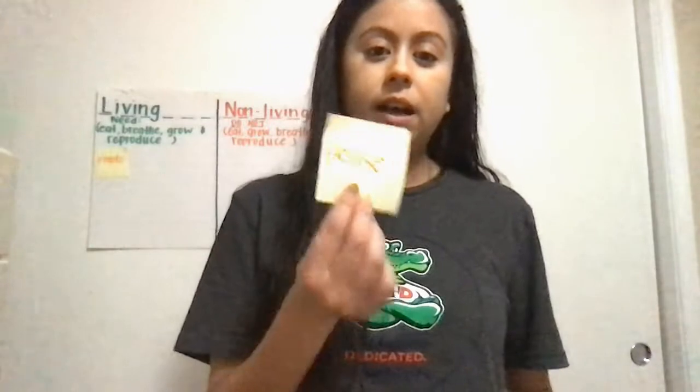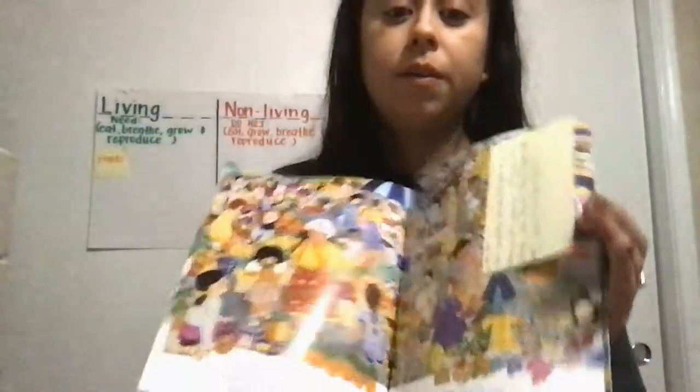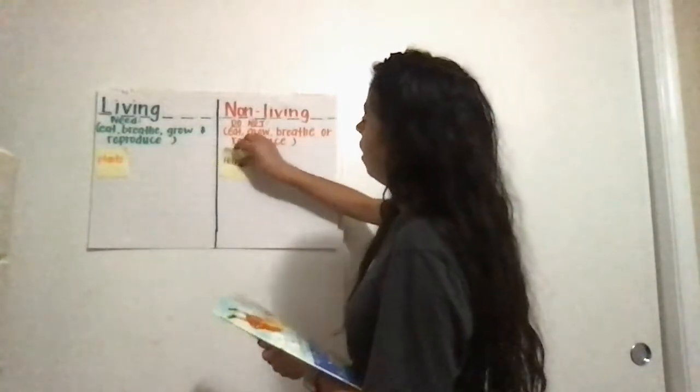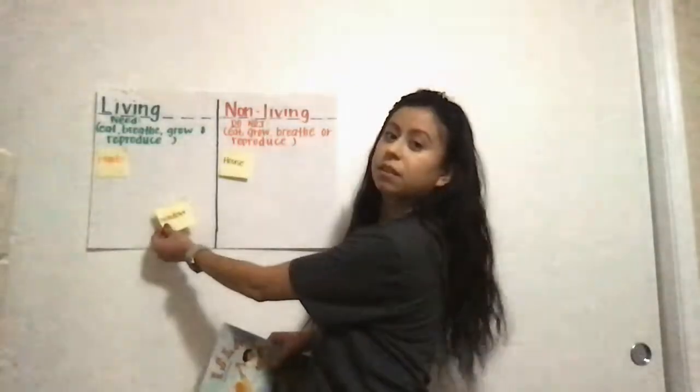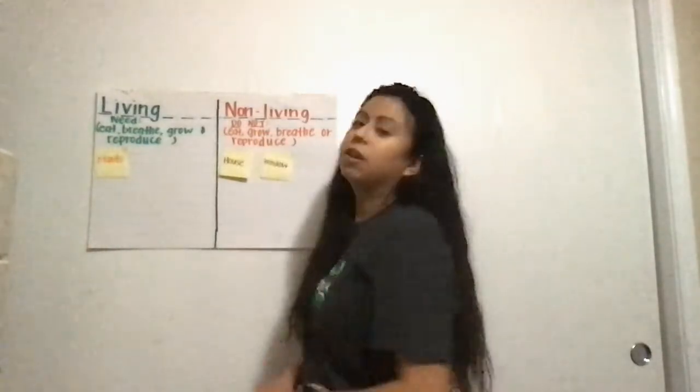All right. One more. Oh, perfect. Ooh, a house. Good. Do we see houses here? A lot. And there's a lot more over here. Living? No. Non-living. Perfect. Oh, I hear another one, which kind of goes with this one. A window. Living or non-living?